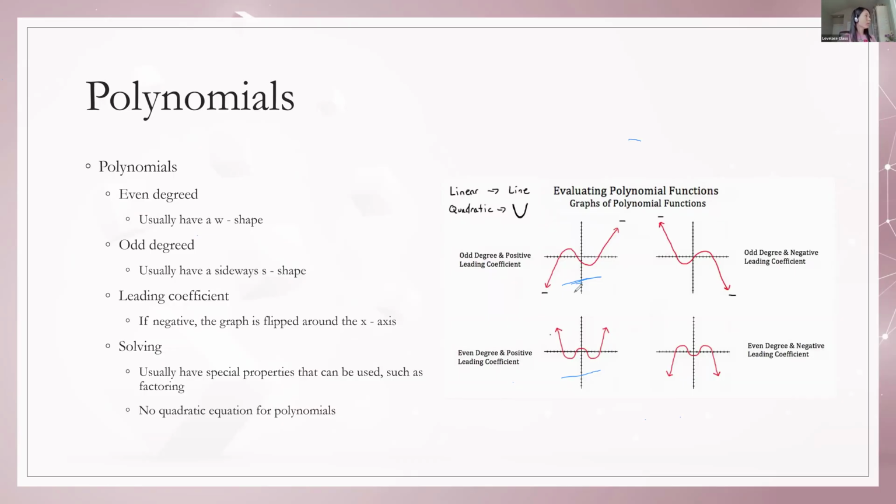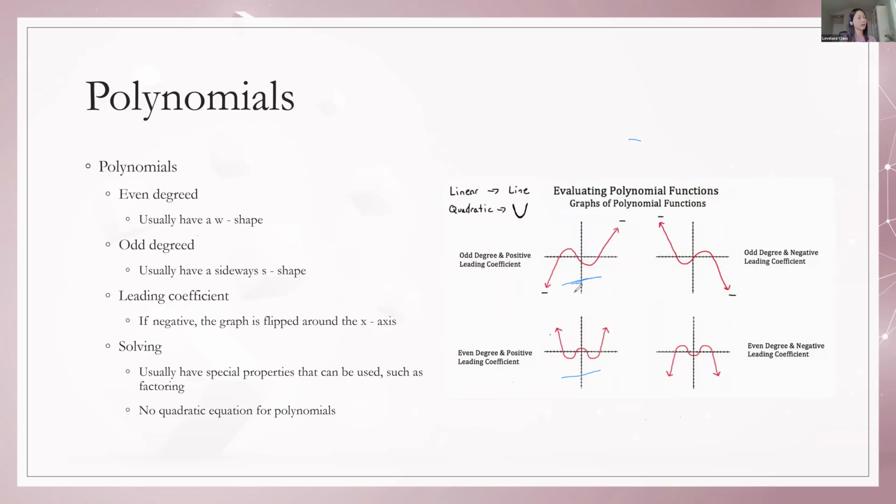For solving a polynomial, unfortunately, there's no generalized quadratic formula for polynomials. There actually is one for cubics and quartics, I think, but it's not really useful for us, only for machines. So basically you can't really use the quadratic formula.